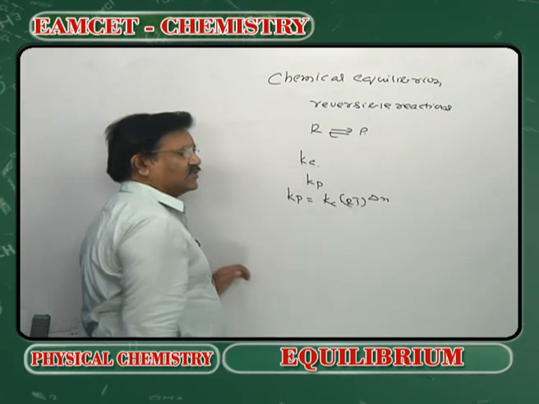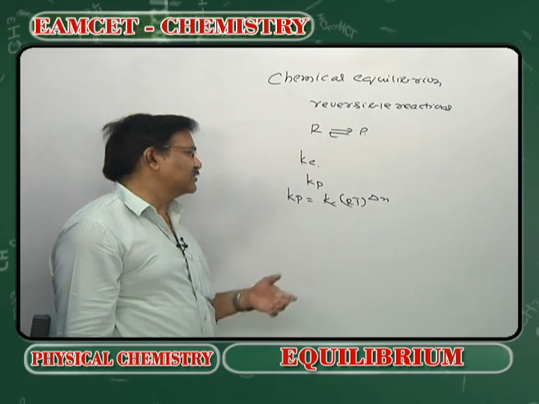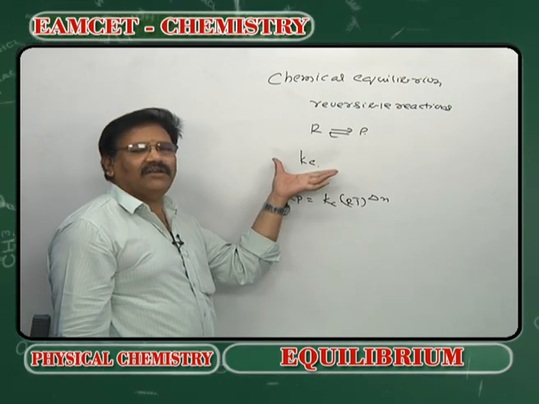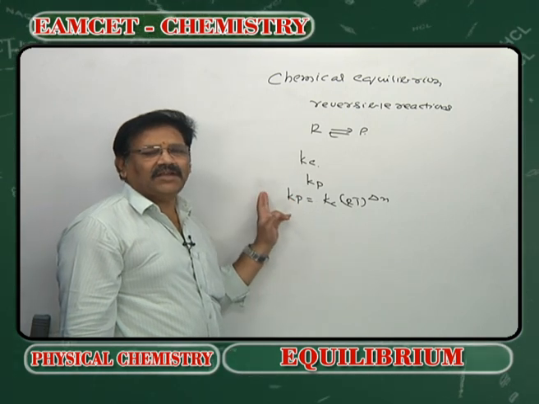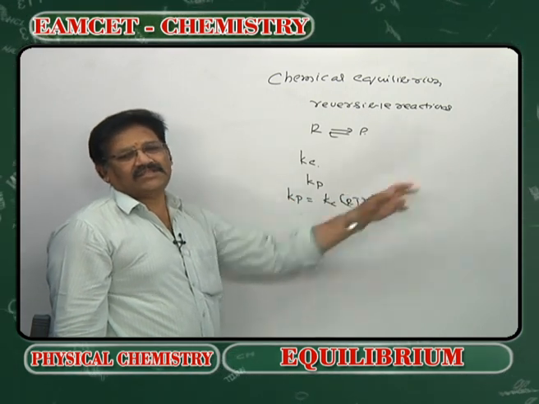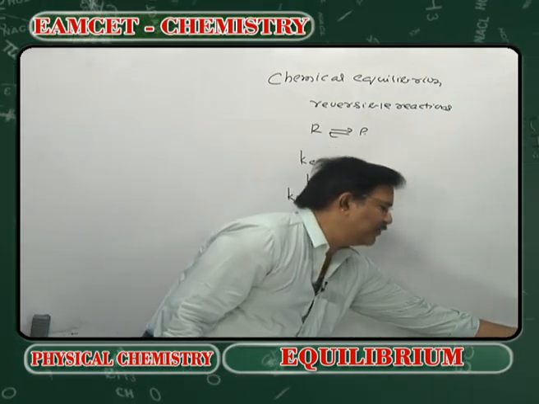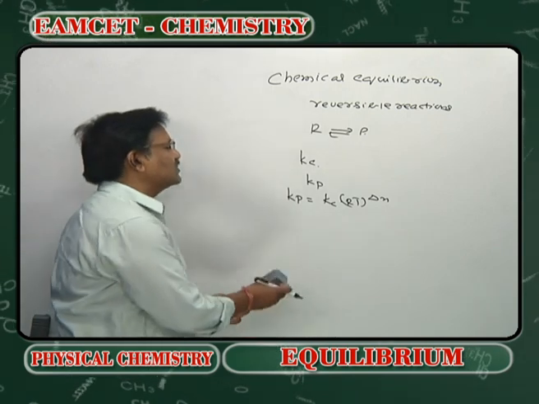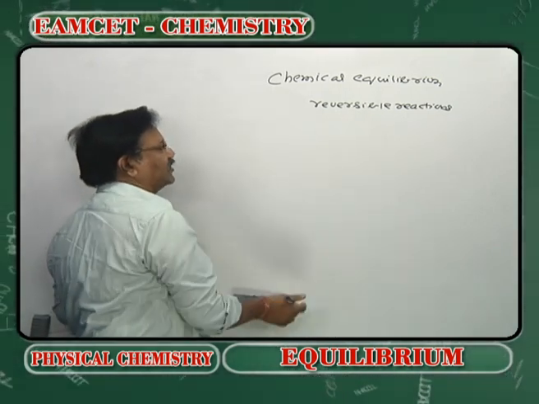Number of moles of gaseous products minus number of moles of gaseous reactants. Higher values of Kc and Kp indicate a greater extent of the forward reaction. Now, changes in the values of Kc or Kp with change in the stoichiometry.